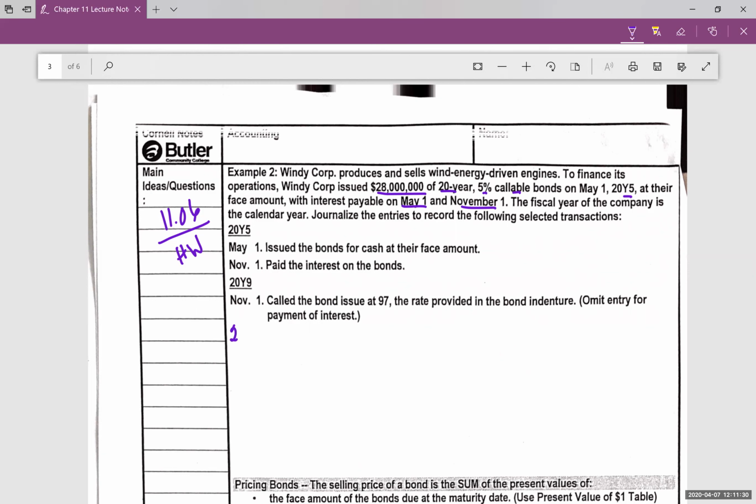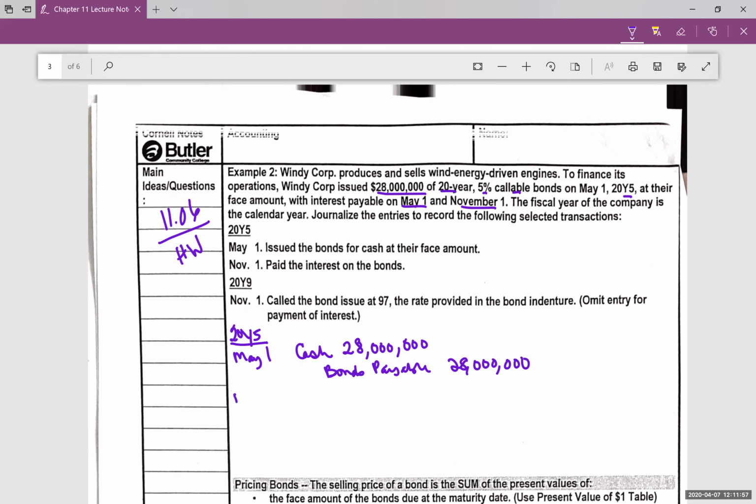Okay, so 20Y5, May 1st, is simply the day they got all that cash in. Cash, 28 million. Again, it's a face amount, so there's no discount or premium to worry about. We're just going to set up a liability, bonds payable, for 28 million.